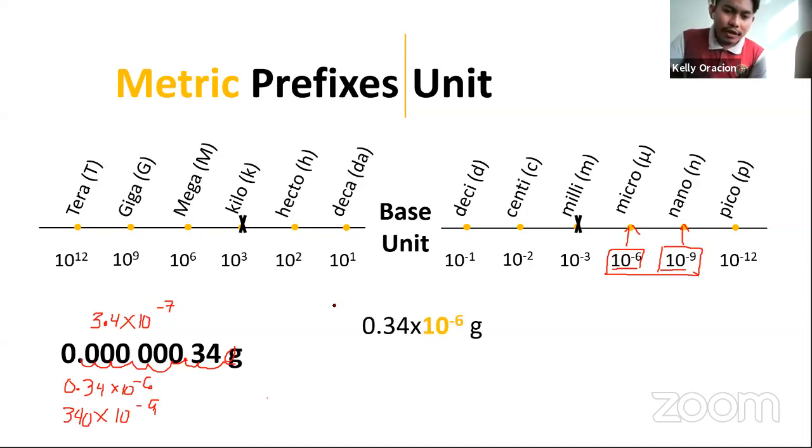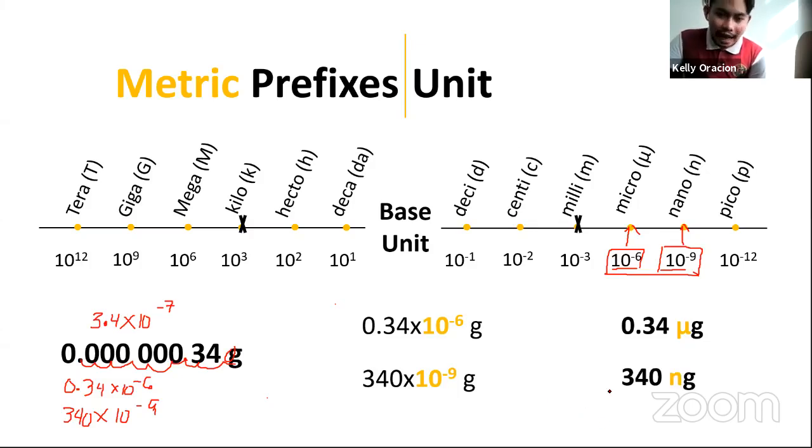Okay? So for 10 raised to negative 6, the new answer now is 0.34 microgram. And for 10 raised to negative 9 grams, that's 340 nanogram. And they are all the same. Okay? And actually, 3.4 times 10 raised to negative 7, the same lang sila, the same lang din sila ito.